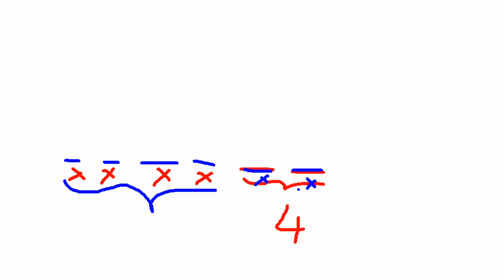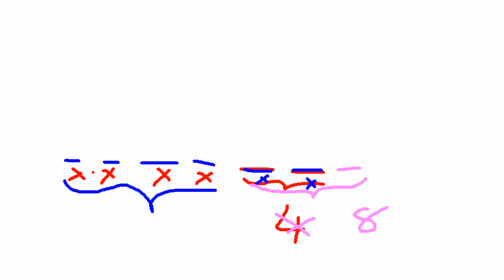So if I add one more bit, totally 3 bits to check for errors, and I want to know the position, 3 bits can represent 8 situations, right?